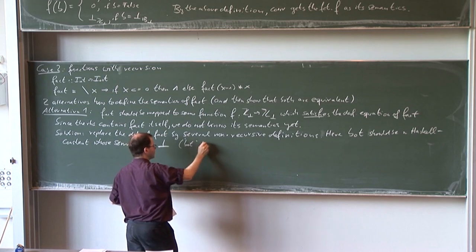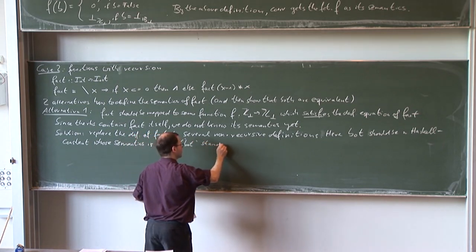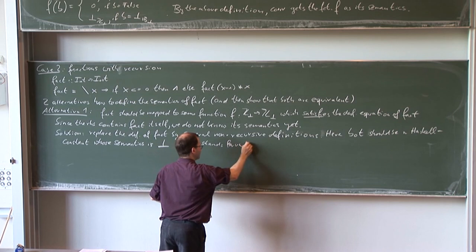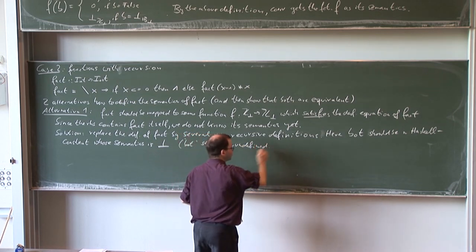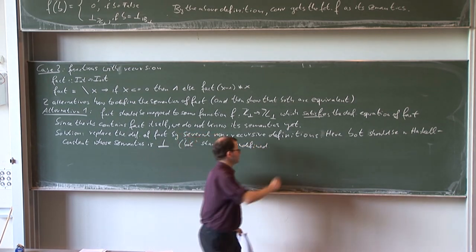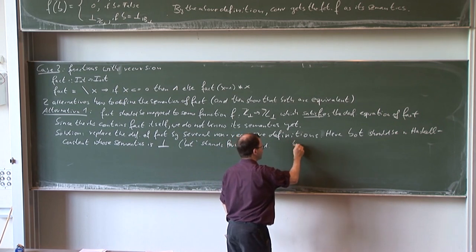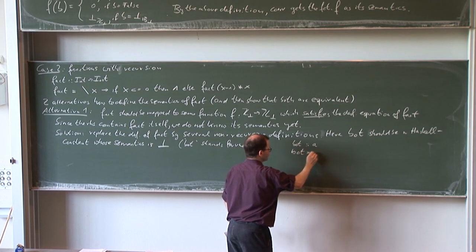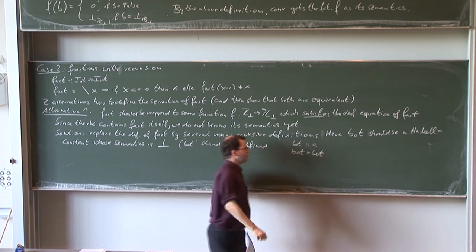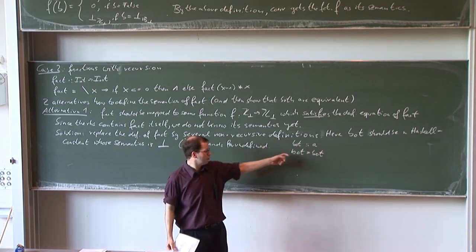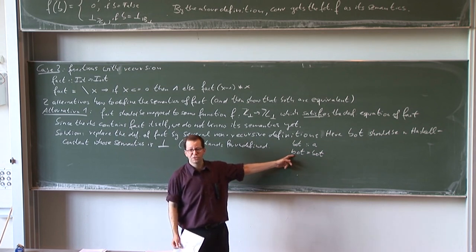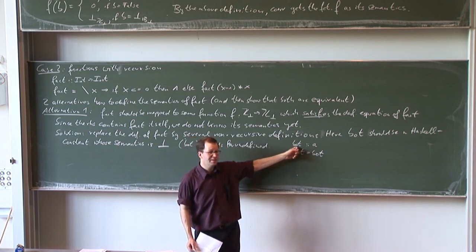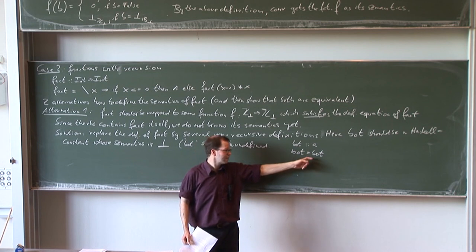Bot stands for undefined. So for example, if you want to define bot in Haskell, you can do it like this: bot has type a, and you define bot equals bot. Now, if you define this in Haskell and you want to evaluate bot, then you run into non-termination, so you can be pretty sure that this is undefined. So it is not difficult to write a constant in Haskell whose evaluation is undefined. This would do it.